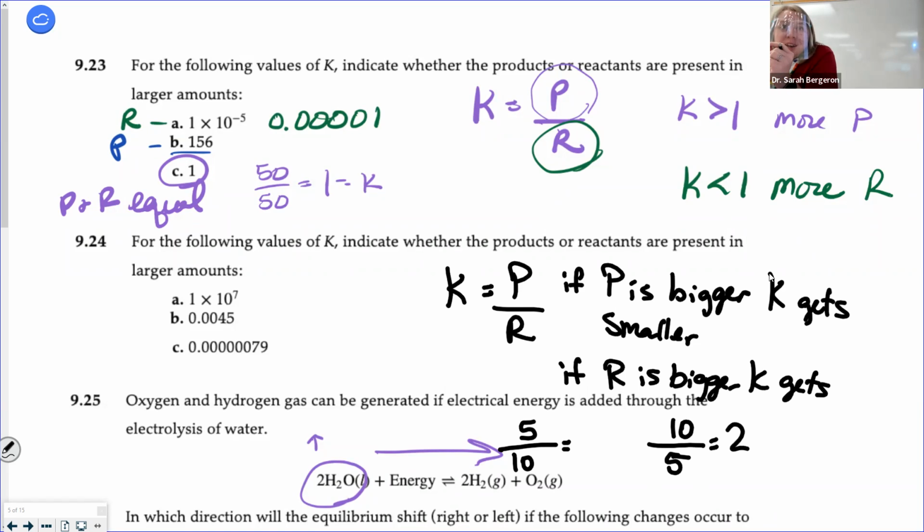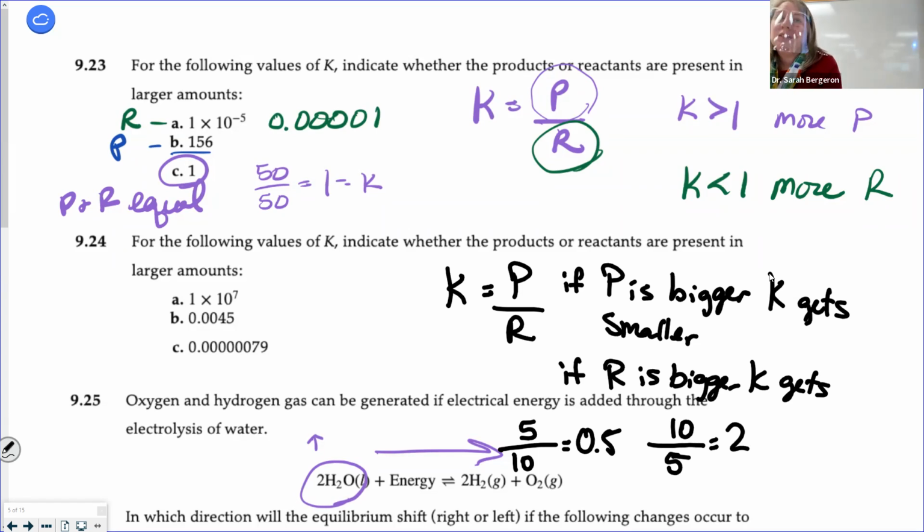It gets what? Even more tiny. So what do we get? 5 divided by 10. Put it in your calculators. What's 5 divided by 10? 0.5, right? All we did is move a decimal place.